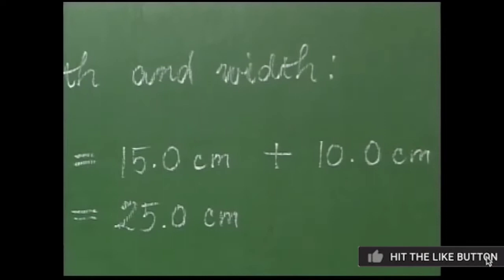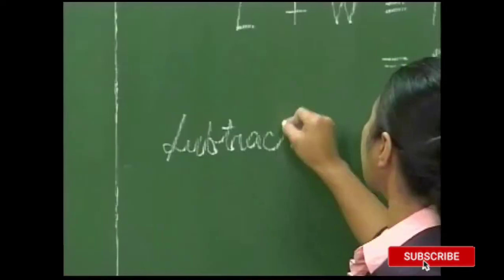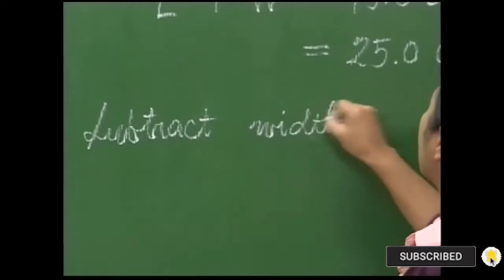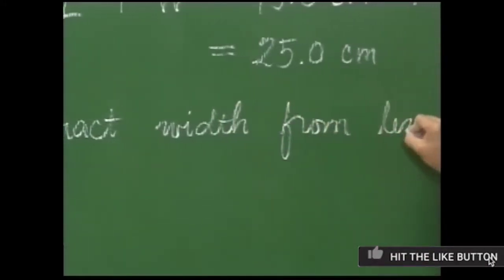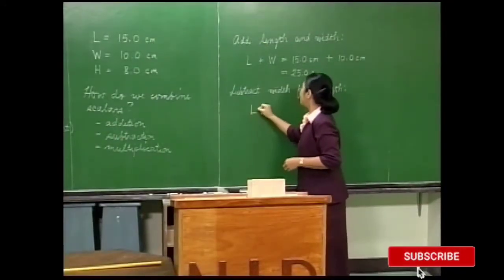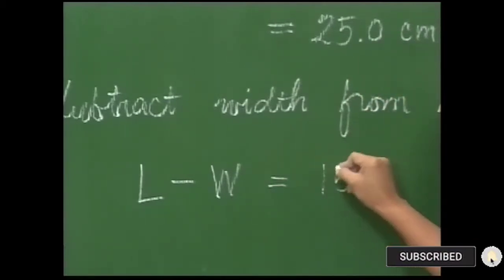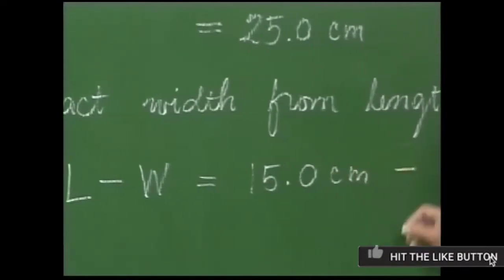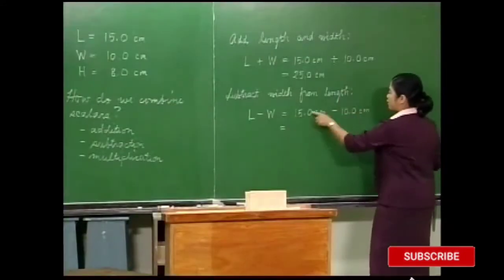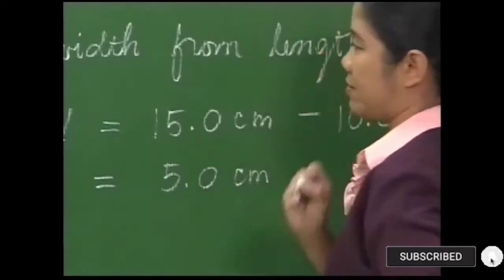If I would ask you to subtract width from length, you get length minus width, 15.0 centimeters minus 10.0 centimeters, and you get 15 minus 10, so you simply have 5.0 centimeters.